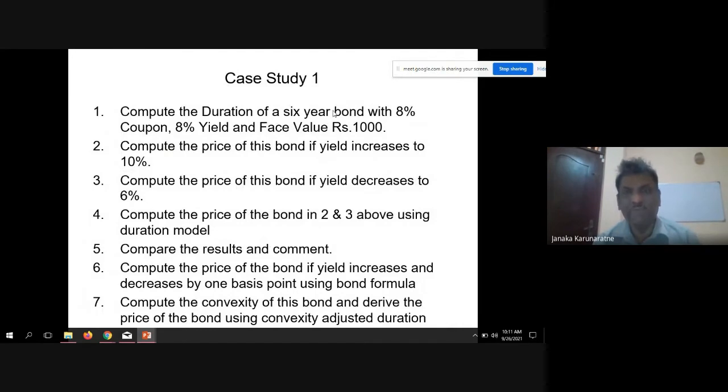So the maturity is 6 years, 8% coupon, 8% yield, and the face value is 1,000. So please compute the duration. Use the previous formula. Can you all start doing it?